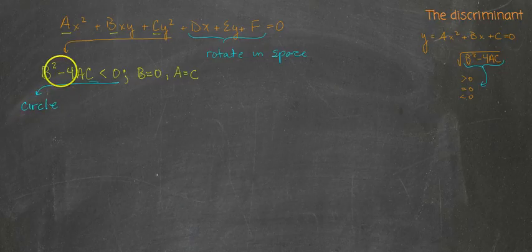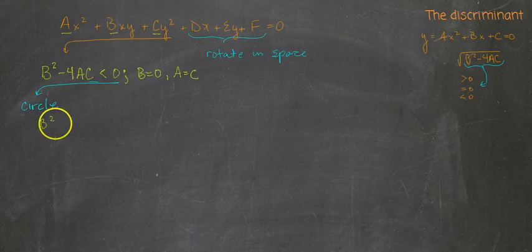So if I calculate the discriminant and I get this result, I'm looking at a circle.